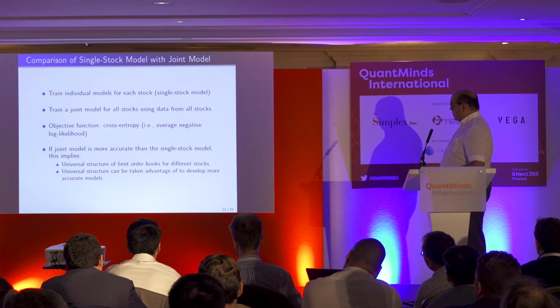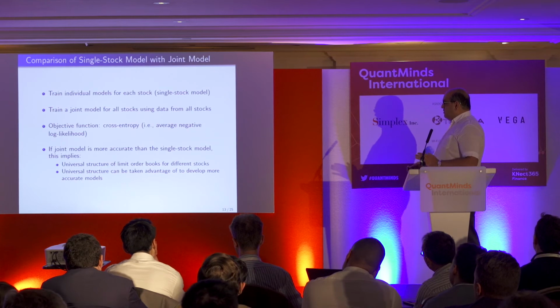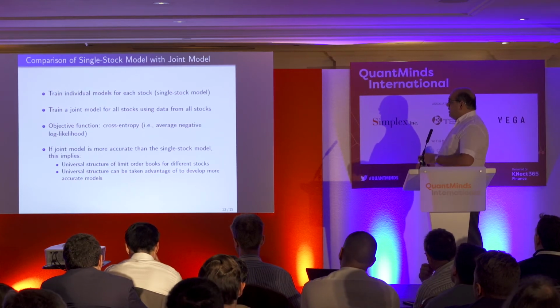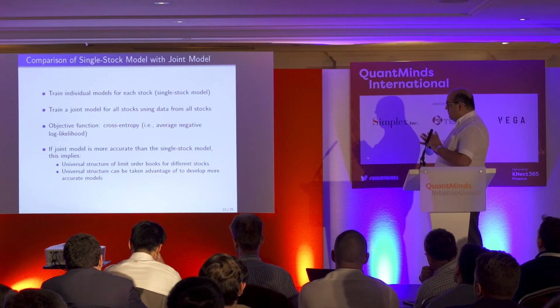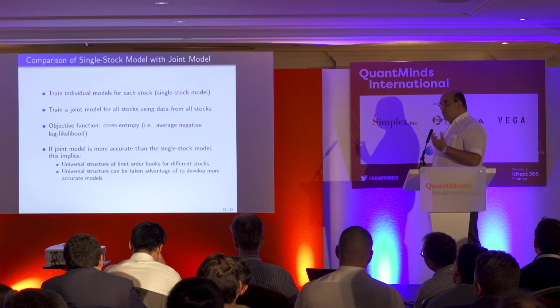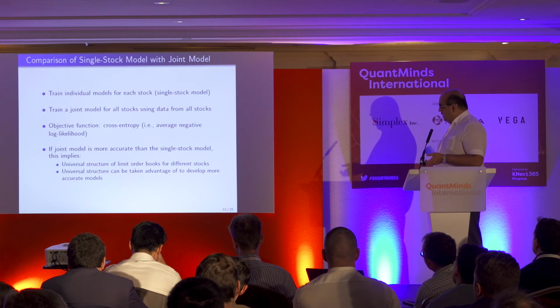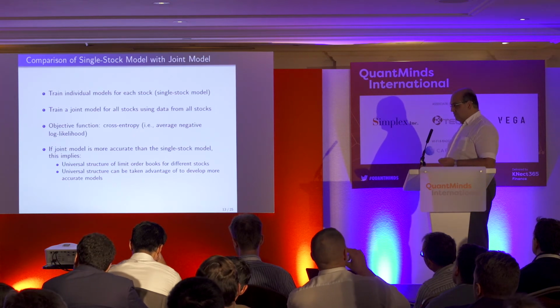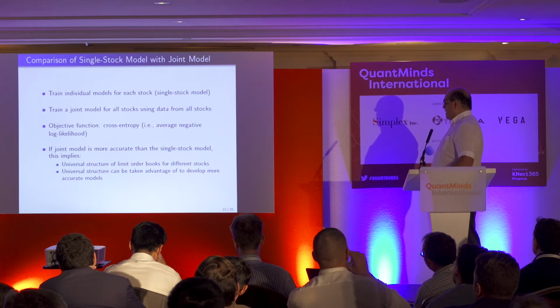That's what I will call the universal model. In both cases, the architecture of the networks is the same, the objective function is the same, the same algorithm is used, and so on. And then we're going to compare the jointly trained universal model with the single stock model, and we're going to see what happens.